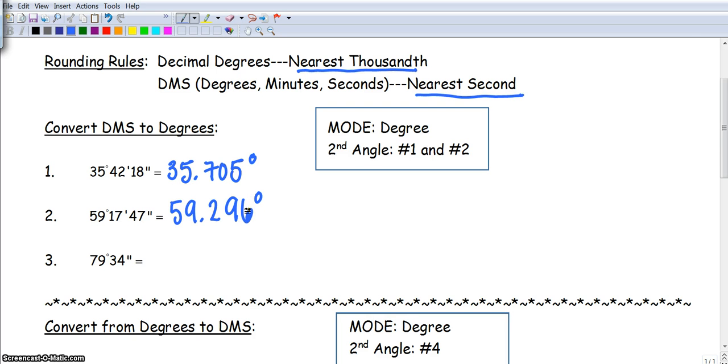Okay. And finally, when you just have 79 degrees and 34 seconds, you do need to input this into your calculator with 0 minutes. Otherwise, you will get an error.